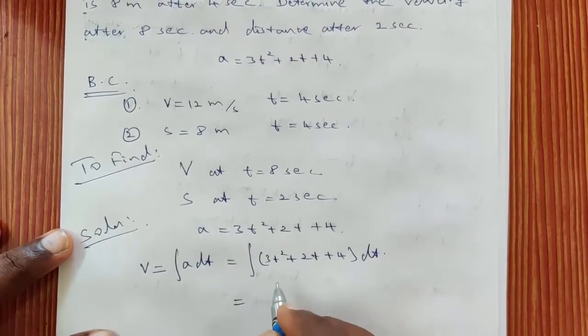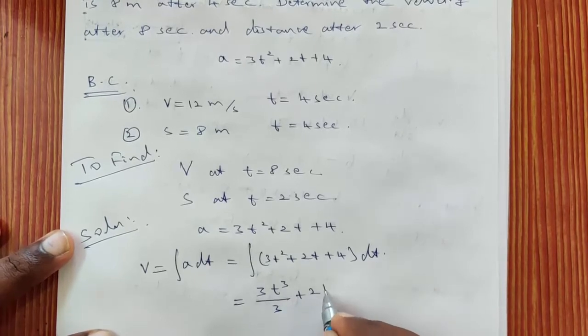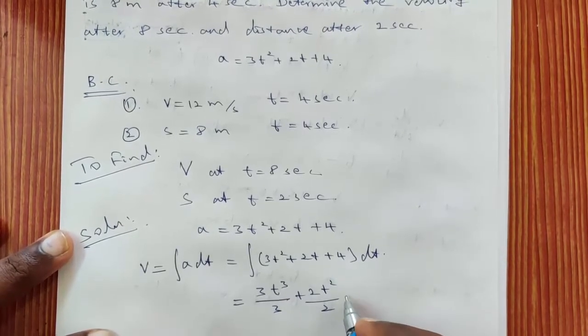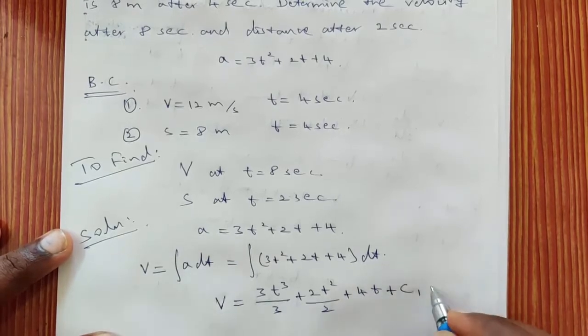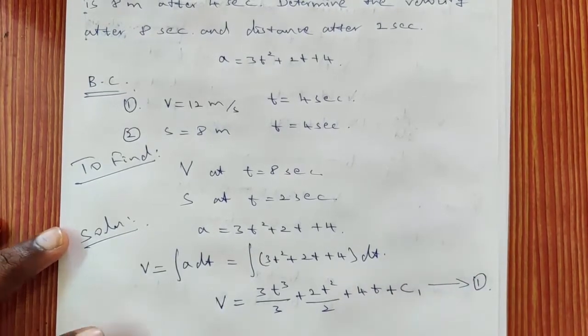So that is equal to, if you integrate t square we will get 3t cube by 3 plus 2t square by 2 plus 4t plus c1. It is the constant for the first integration. So this is v. So make this as equation number 1.